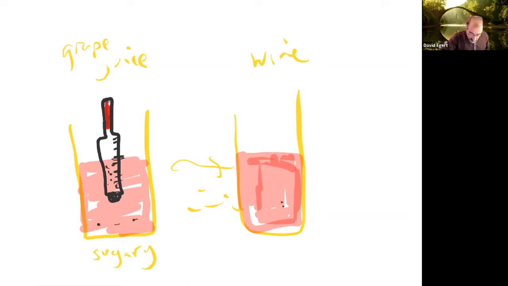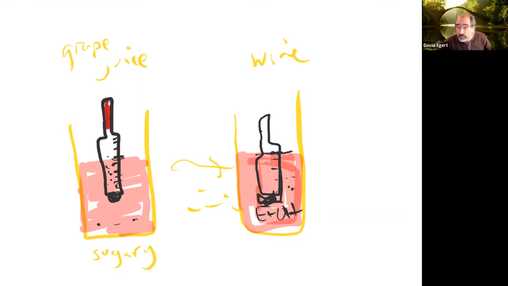If I have alcohol here, like ethanol, this same weight, if you put it in there, it's going to sink way lower, because this less dense stuff won't support it as much. More dense makes it float up higher. Right? That probably makes sense.